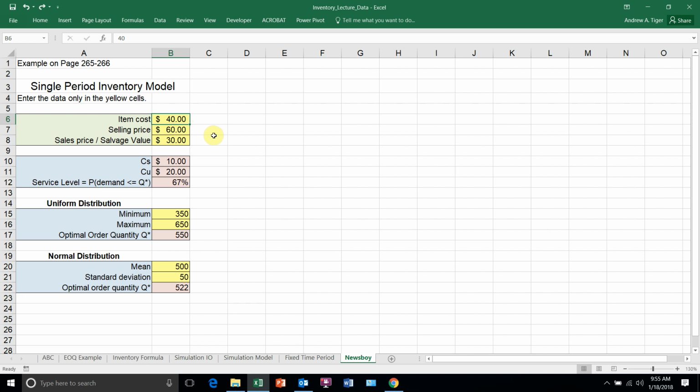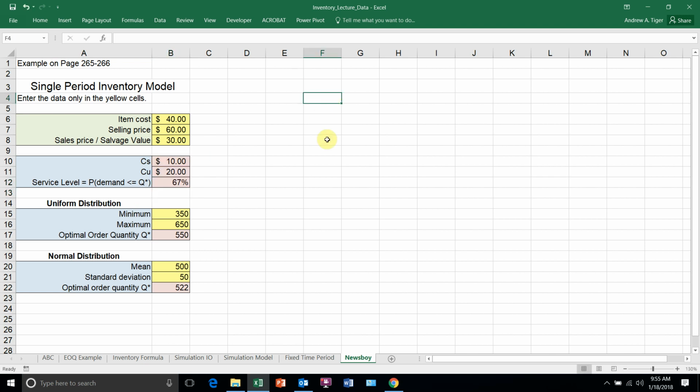So from these two numbers, we calculate C of S, the cost of overestimating, or the cost of being long, and C of U, the cost of underestimating, or the cost of being short. Once you have those, you can calculate your service level, which is C of U over the sum of C of U and C of S.